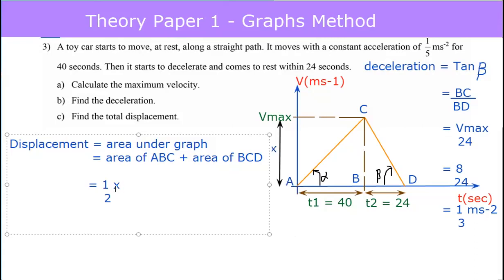Base is AB into perpendicular height, that is BC, plus the other triangle, again half into base, that is BD, into perpendicular height, that is BC. Can you do the rest and find the total displacement and send your answers to my Zoom chat quick?